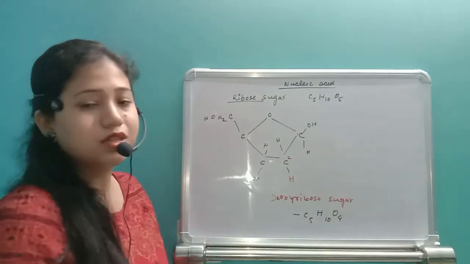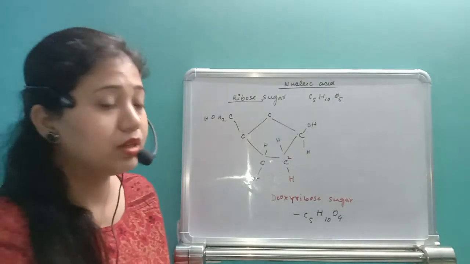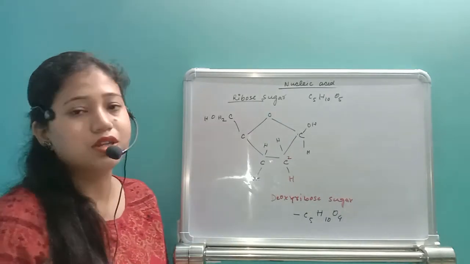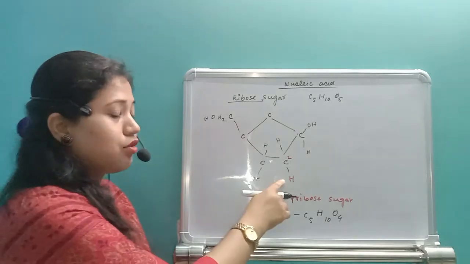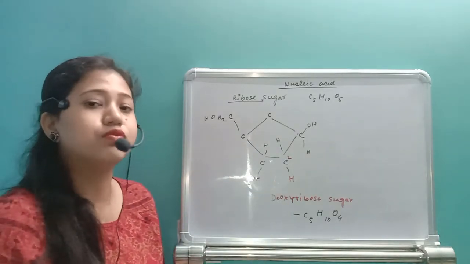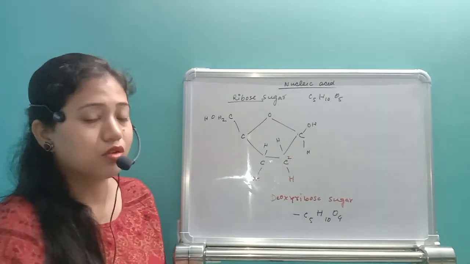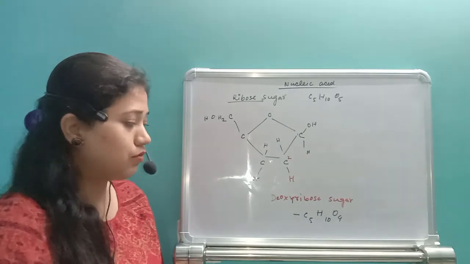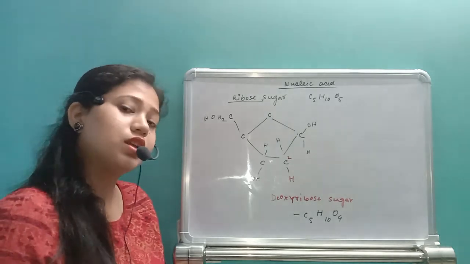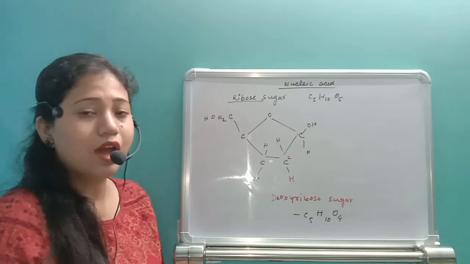Now, among these two types of sugars, which is more stable? The stable one is deoxyribose sugar. If a hydroxyl group is present, it is a functional group. It will try to make a bond with other components. So it is not that stable. But deoxyribose sugar is stable because the hydroxyl group is replaced by a single hydrogen.